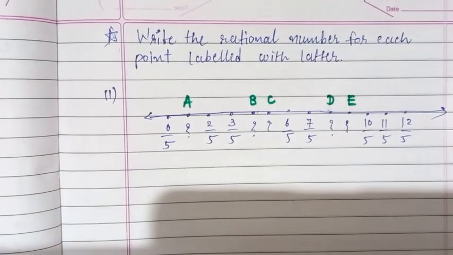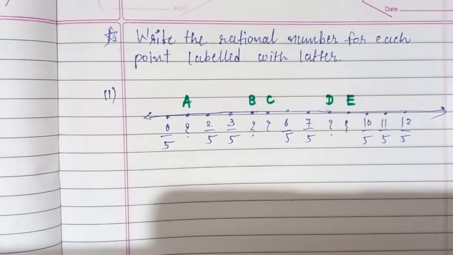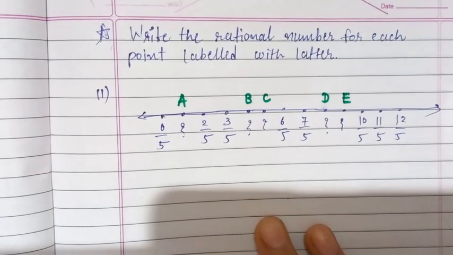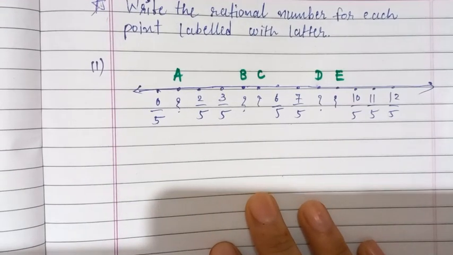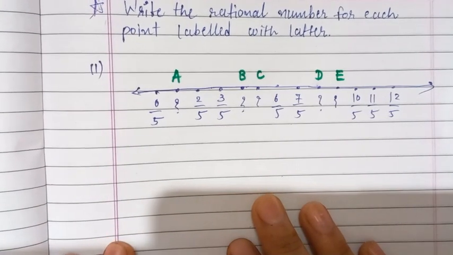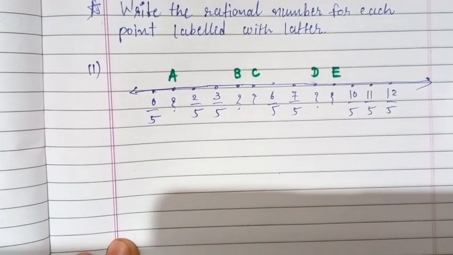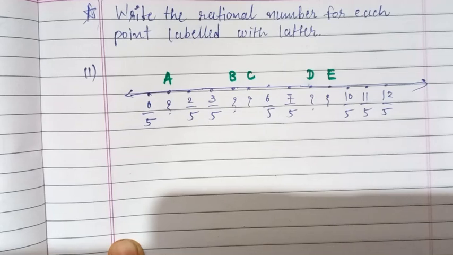We learned how to represent numbers on a number line. For that, first we draw the number line, and according to our question we decide whether it is greater than 0 or less than 0, greater than 1 or less than 1, or greater than any number.